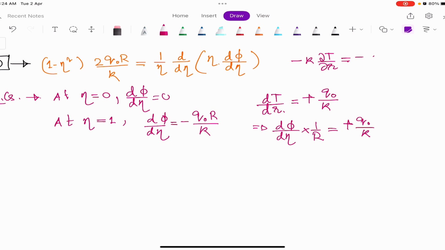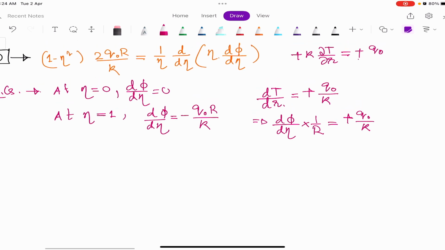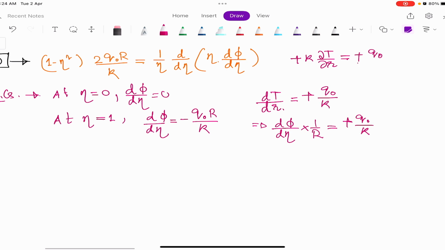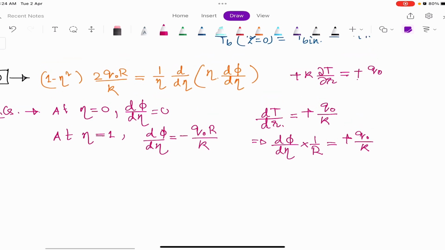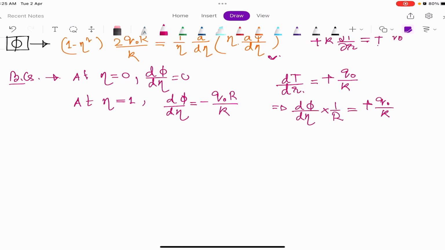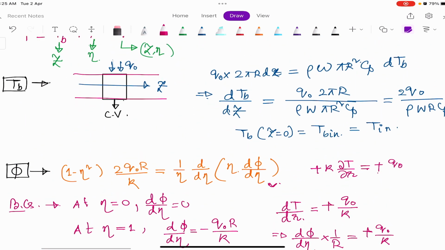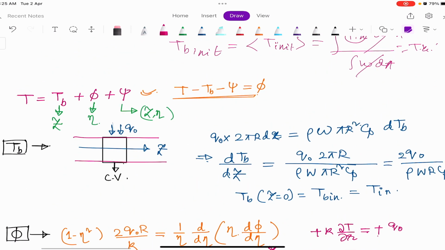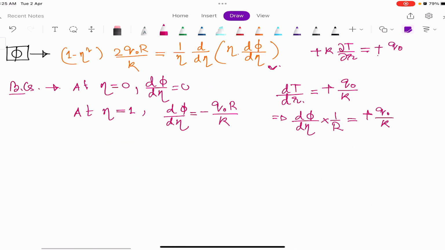And that is minus q, because q is entering into the pipe, it is not leaving, so on both sides this will be plus. Now let us see whether we can have a function satisfying this. Can we have a function satisfying this thing? Let us see that.